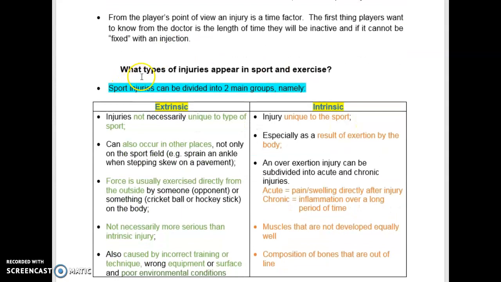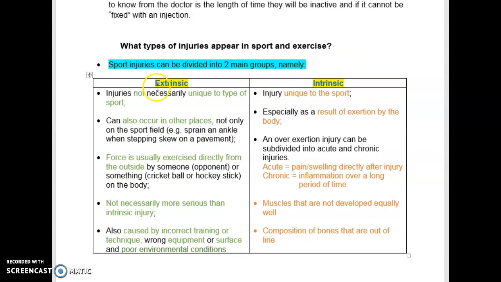So there are two main groups of injuries in sport, and they are extrinsic and intrinsic. Now, extrinsic is exactly what it says. It's on the outside, right? And intrinsic is on the inside.